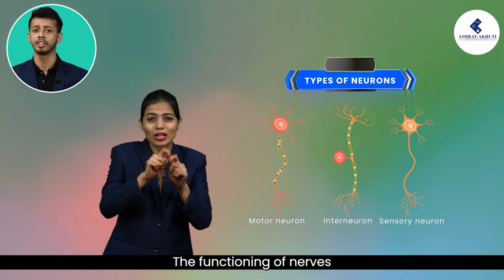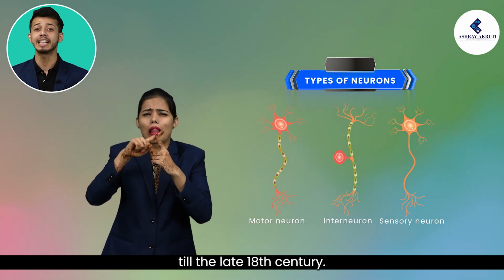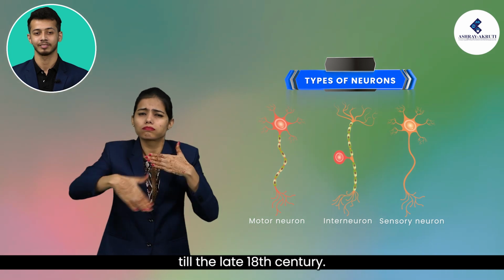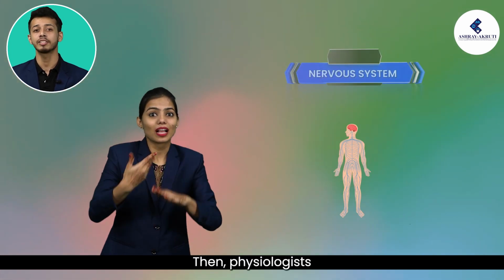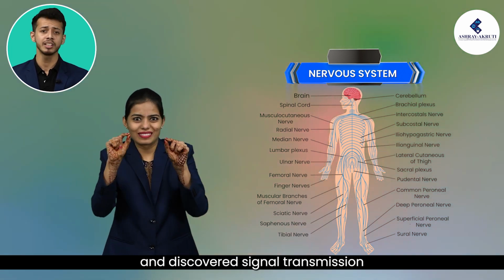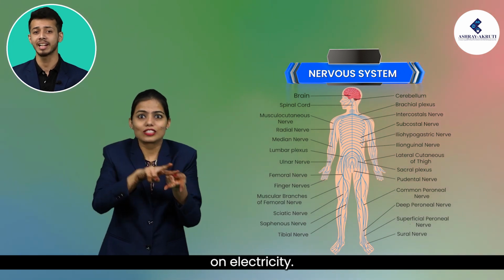The functioning of nerves as integrating systems was known little till the late 18th century. Then physiologists studied the mechanism of nerve functioning and discovered signal transmission relating to the recent work on electricity.